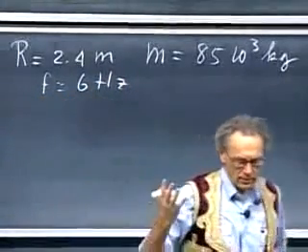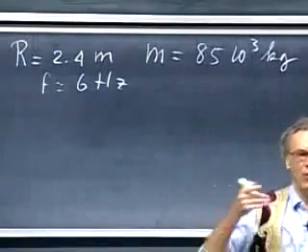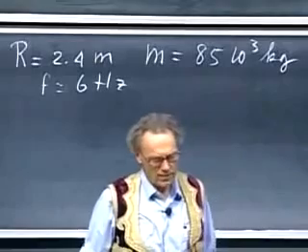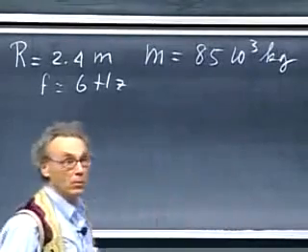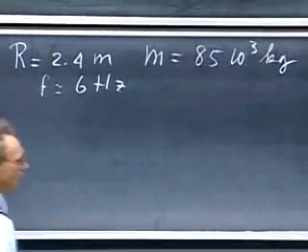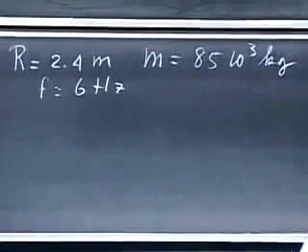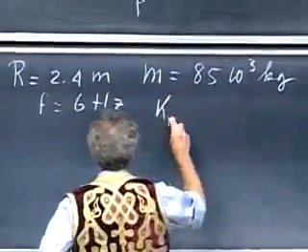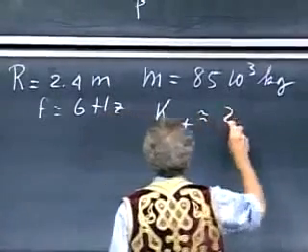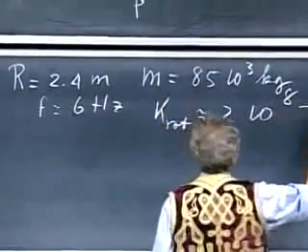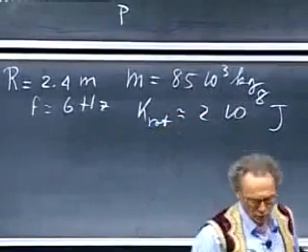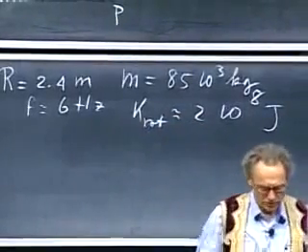You can calculate the moment of inertia. They rotate about their center, axis perpendicular to the plane. You know now what 1/2 I omega squared is, and so you can calculate the kinetic energy of rotation. And that kinetic energy of rotation is then a whopping 200 million joules in each of those rotating flywheels.